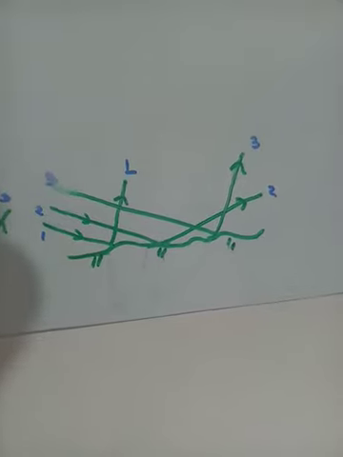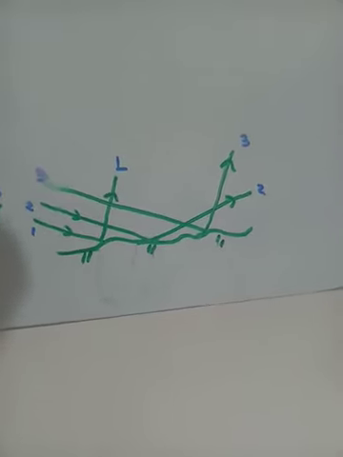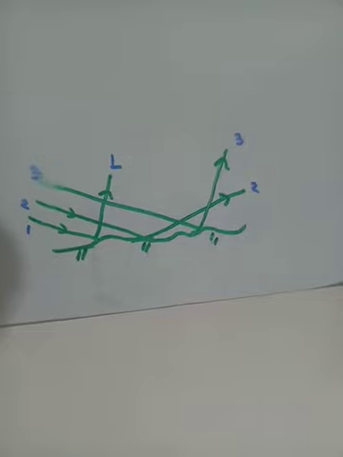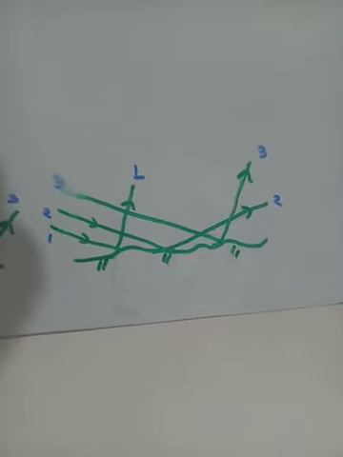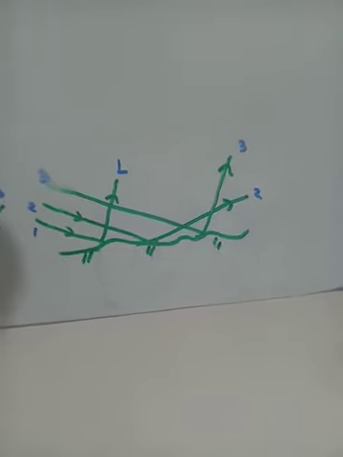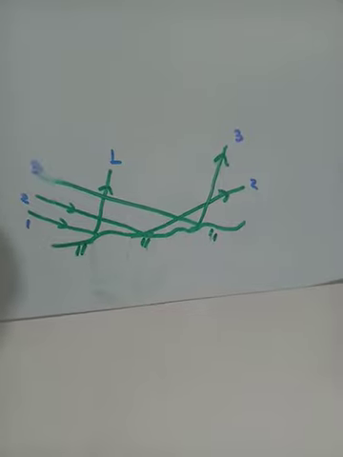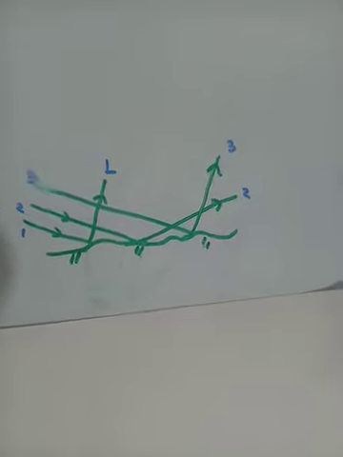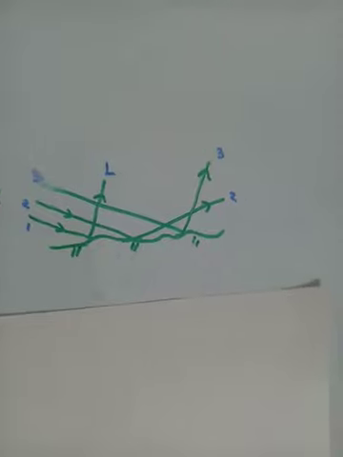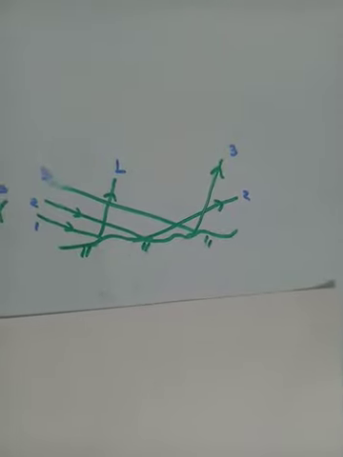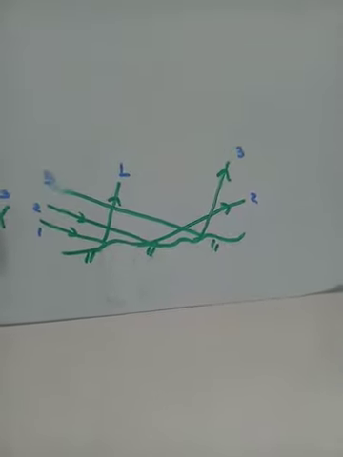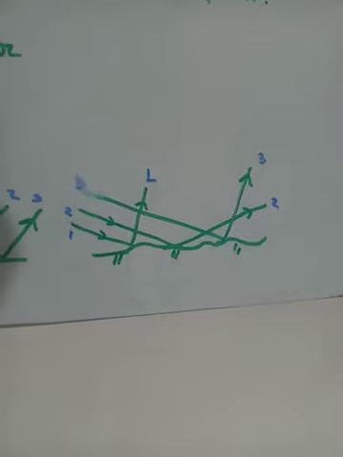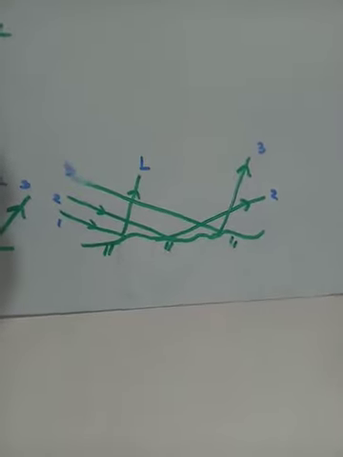Now, the question is, are all these reflected rays 1, 2 and 3 moving in the same direction, or are they scattered in different directions? They are actually scattered in different directions. So, because the rays of light get scattered, the surface does not appear to be shiny.